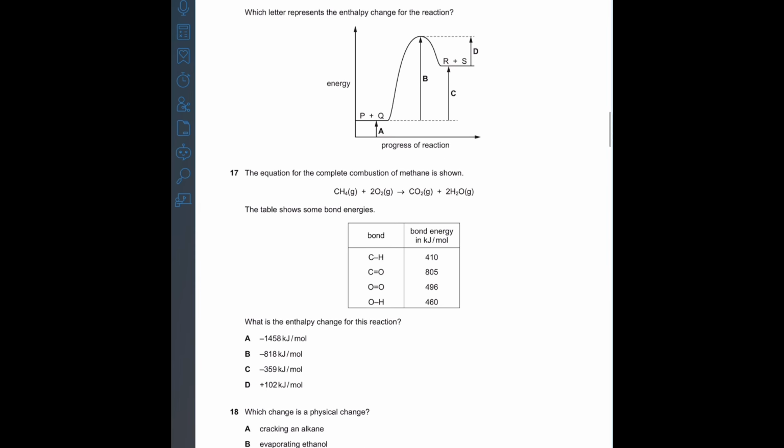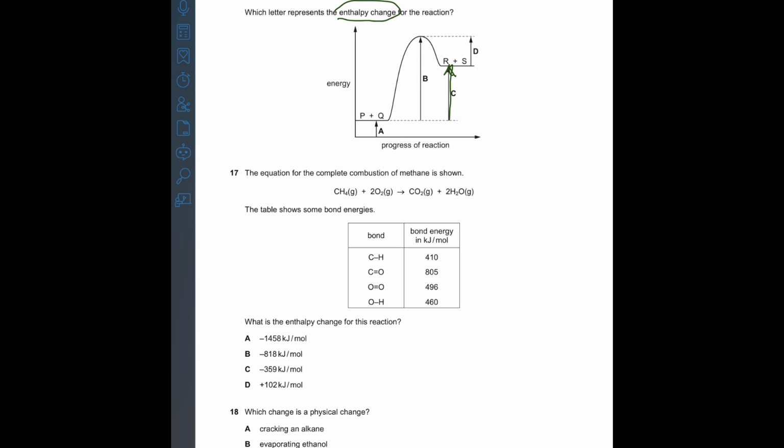So question number 16. So we got a reaction pathway diagram and we are asked to find the enthalpy change. Enthalpy change is basically the amount of energy the reactants had and how much energy was changed when the products formed, meaning did they lose or gain. And remember this rule. Anyway, this is an endothermic reaction.